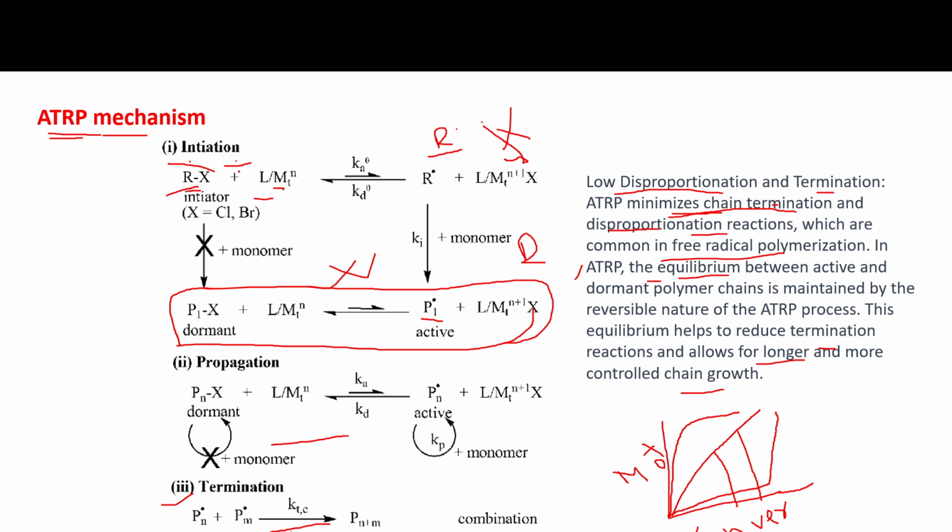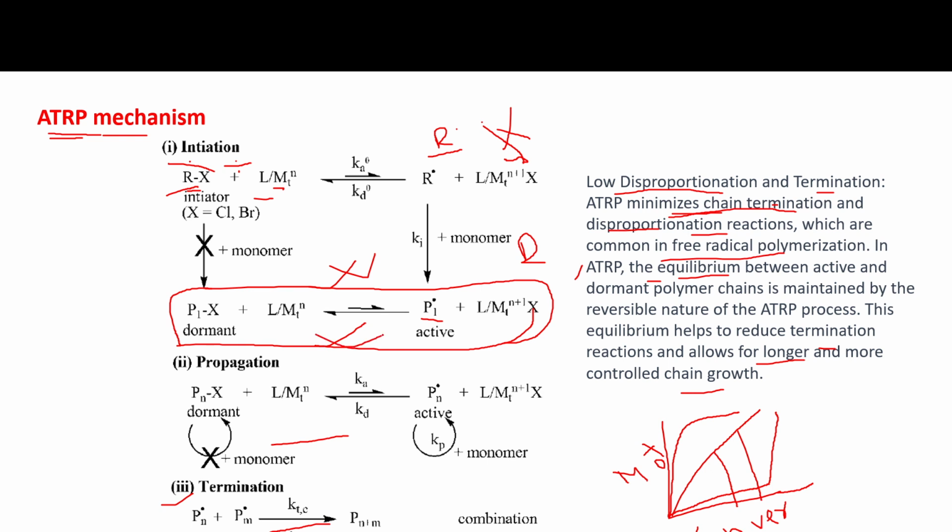Then this radical attacks the monomers, forming an active polymer radical, and there will be an equilibrium between the active polymer radical and the dormant species. This equilibrium, mostly shifted to the dormant species, is very important in ATRP polymerization.